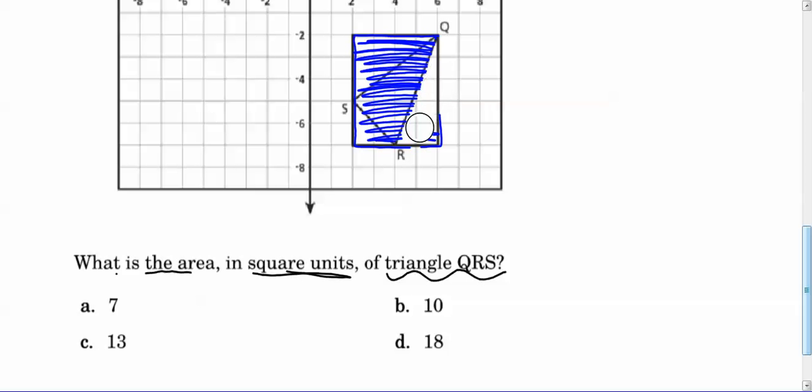So we're going to subtract away this area, and we're going to subtract away the area up here of that triangle, and subtract away the area here of this triangle on the bottom left. And what you're left with is just the area of that triangle RSQ. All right, so, or QRS.